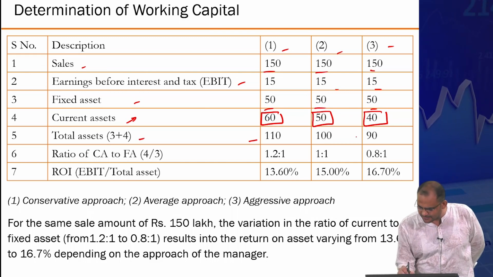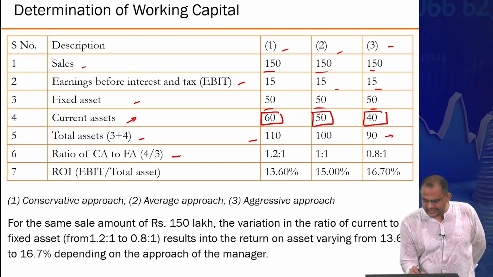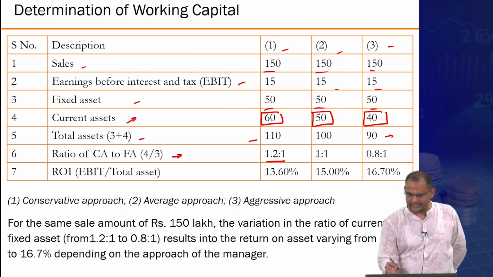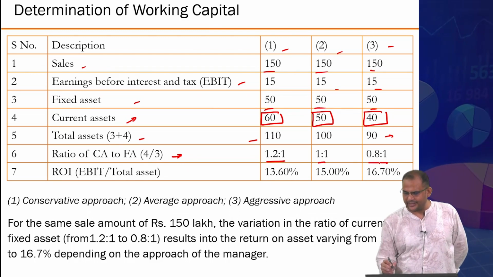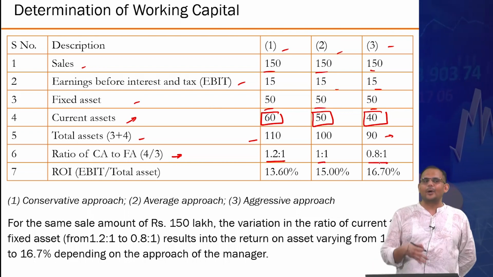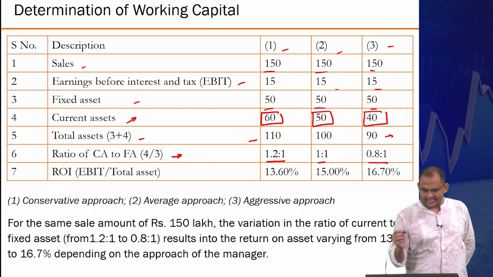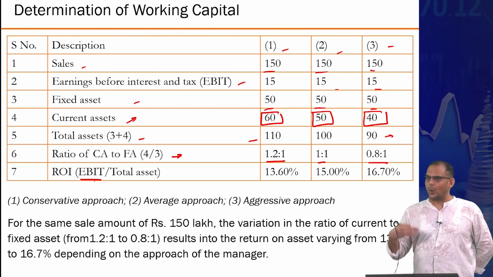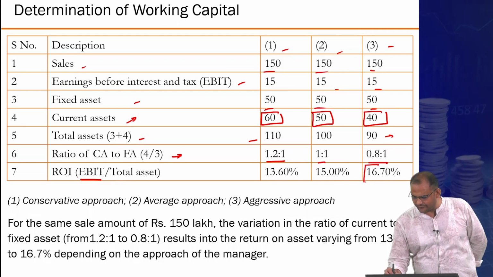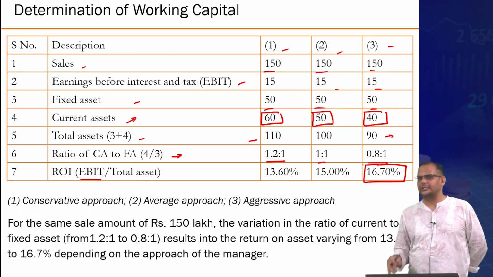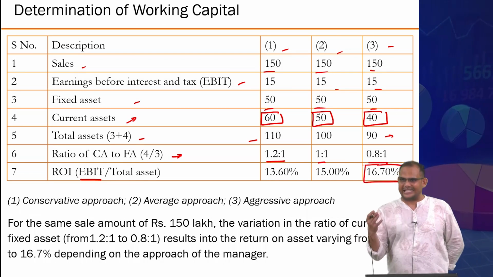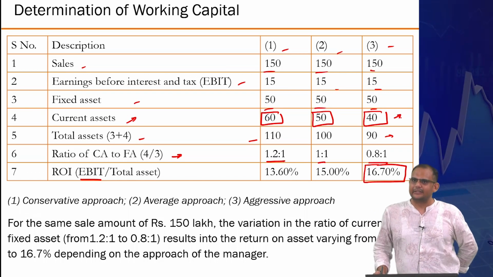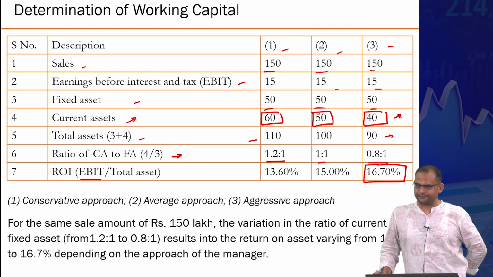In this particular case, the ratio of your current assets to fixed assets is 1.2:1 in the first case, 1:1 in the second, and 0.8:1 in the third. The ROI, which is defined as the income before tax divided by the total assets, is highest for the third type of decision making, which is essentially less working capital requirements, right?